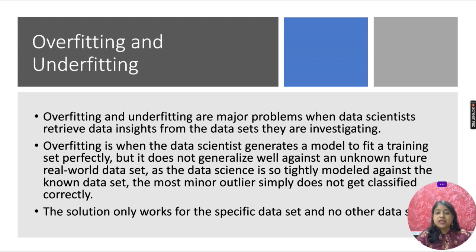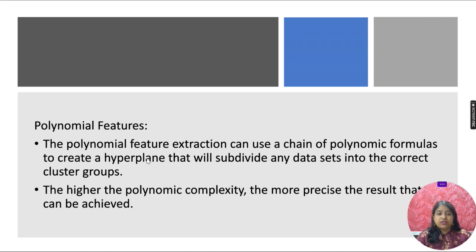As the data scientist has so tightly modeled against the known data set, the most minor outlier simply does not get classified correctly. The solution only works for a specific data set and not for other data sets. So that is overfitting.